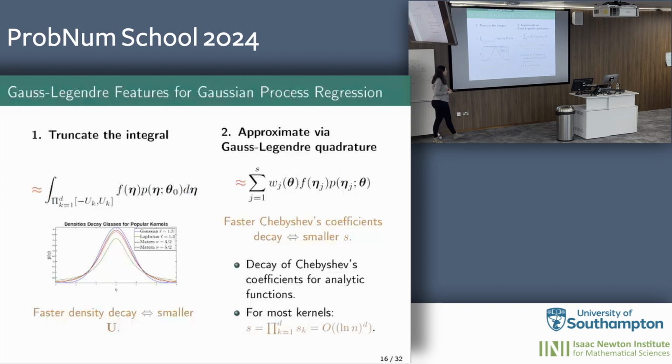Maybe just another thing to mention is what we need to assume to have these coefficients decay. In the theory of Chebyshev approximations, most of the time you need some smoothness or analytical assumptions for the function.